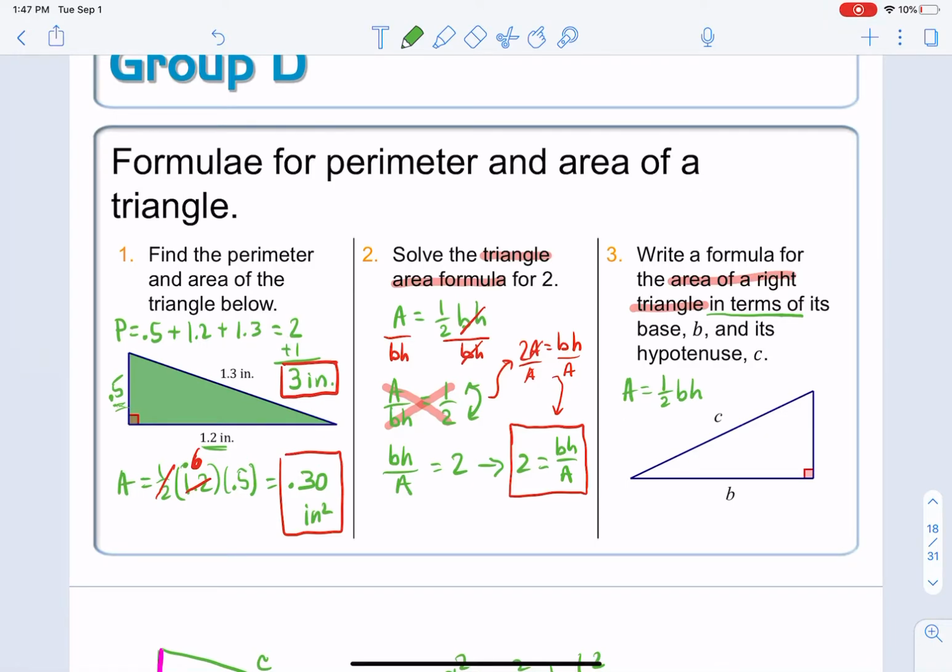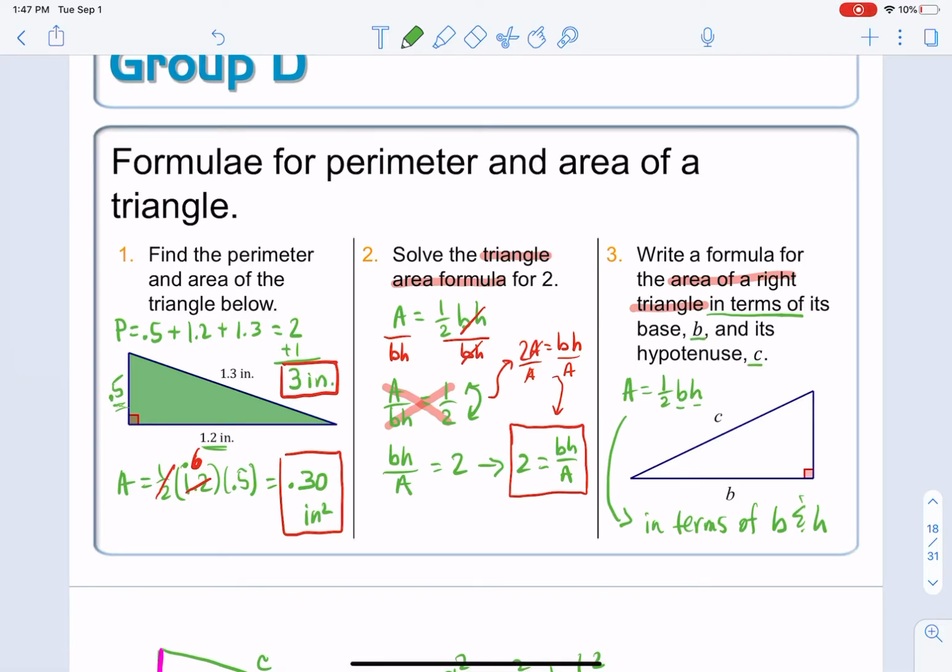Right now, this area formula is in terms of base and height, right? Because we need the base and we need the height in order to calculate its area. But problem number 3 is asking us to rewrite it in terms of base and hypotenuse.